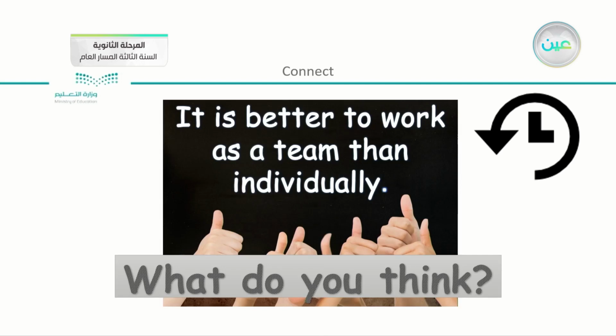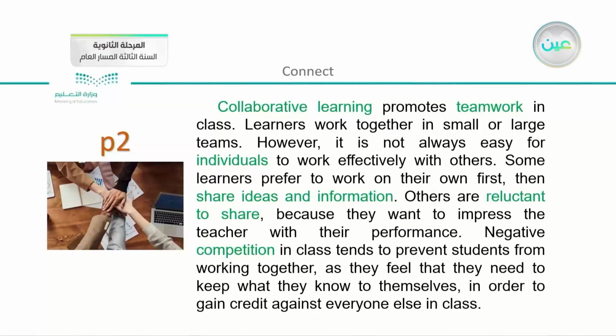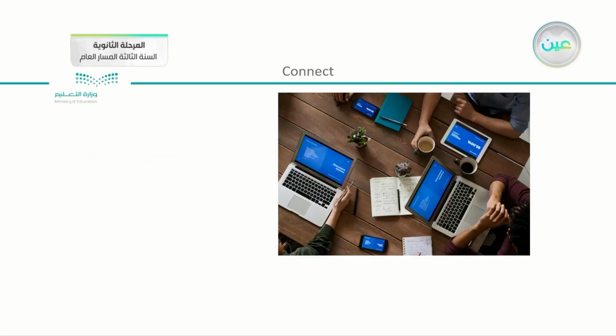Now this is an example, or just a picture that we have here, and if you remember the paragraph that we have here, just to remind you, I have the green parts: collaborative learning, teamwork, individuals, share ideas and information, reluctant to share, and competition. Now just to refresh your memory, you can see also that we have here different computers, and that these people are working together.